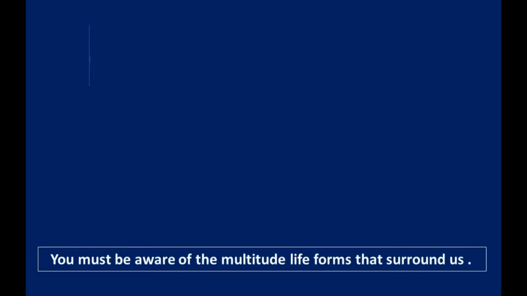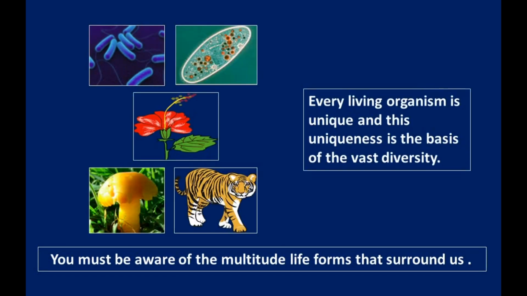You must be aware of the multitude of life forms around us. Every living organism is unique, and this uniqueness is the basis of the vast diversity. Around us, we can see different types of organisms: plants, animals, microorganisms, bacteria, viruses.